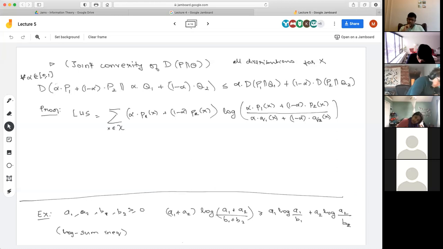So I just apply this inequality with these things being labeled A1, A2, B1 and B2.